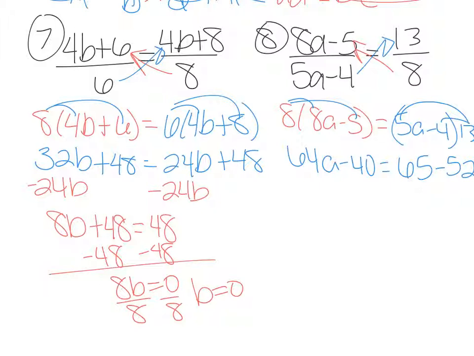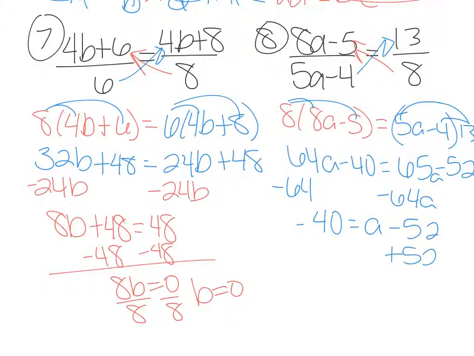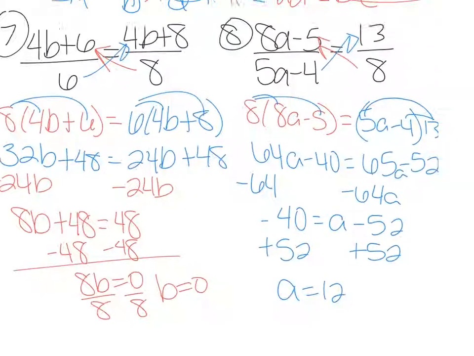Hopefully, yes. And then, once again, I need to get all of my variables in one place, so subtract 64a from both sides. So I get negative 40 equals a minus 52. Add 52 to both sides, and a equals 12. Any questions over these two or any of the ones we've talked about today? No?